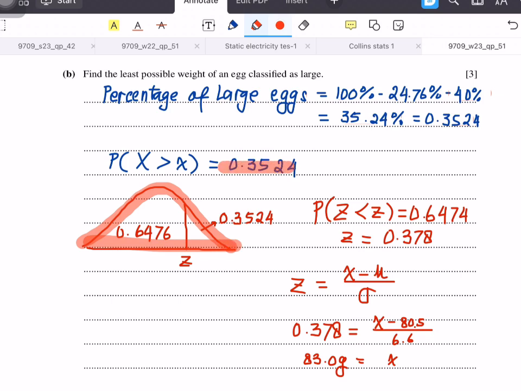0.3524 is this area, and the area below the value of z is 0.6476. So we can write probability z less than z is equal to 0.6476.